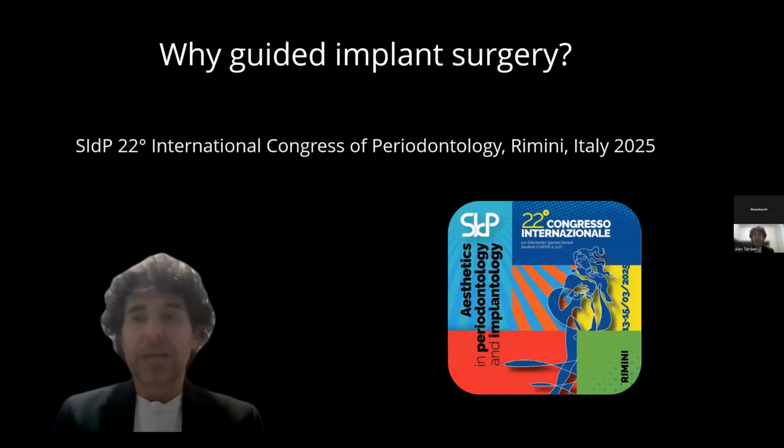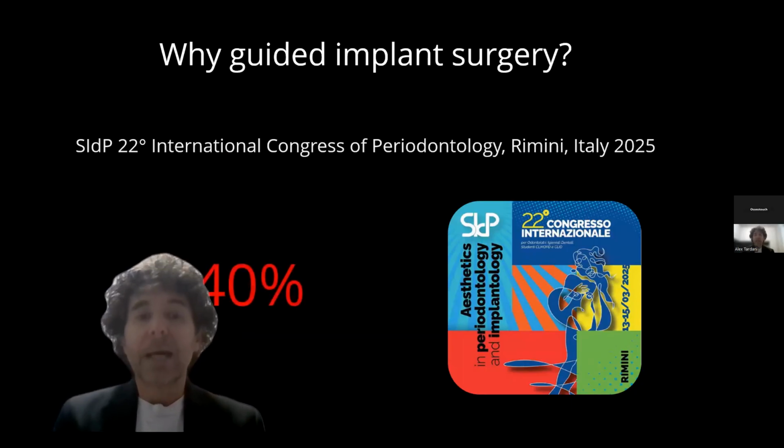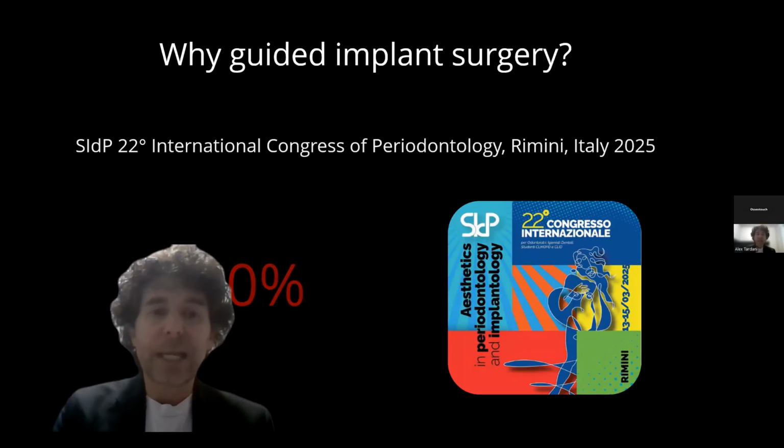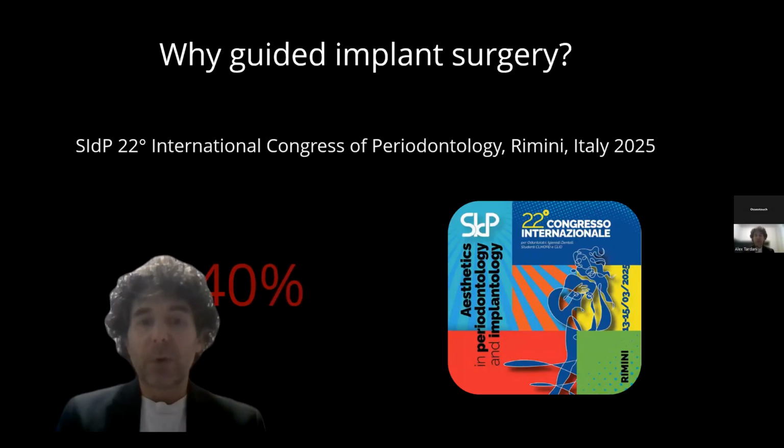Unfortunately, this was provided last year at the International Congress of Periodontology in Rimini by the SIDP. This very topic was addressed, and so they gave an estimate of about 40% for the incorrect positioning of implants. And this study was conducted at a European level, so it includes a number of implants that is certainly very high and has absolute scientific value.